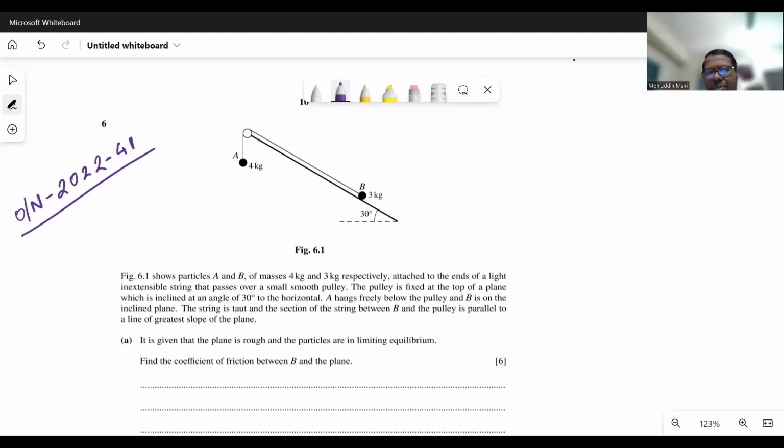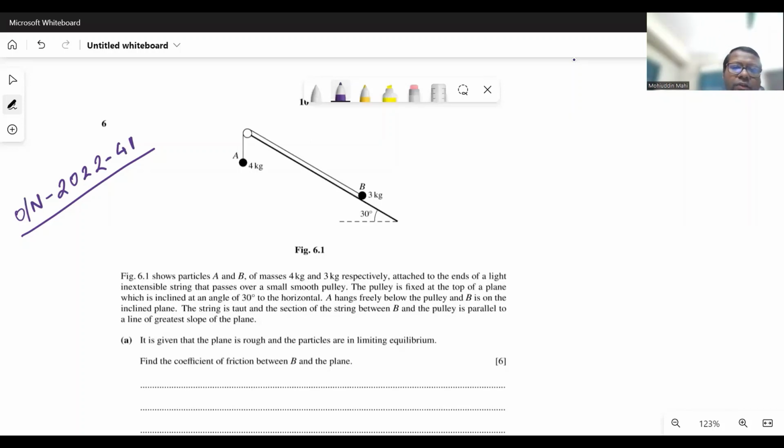The string is taut, that means the string is under tension, and the section of the string between B and the pulley is parallel to a line of greatest slope of the plane. That means the string is completely parallel to the inclined surface. It is given that the plane is rough, that means there is friction, and the particles are in limiting equilibrium. Find the coefficient of friction between B and the plane.